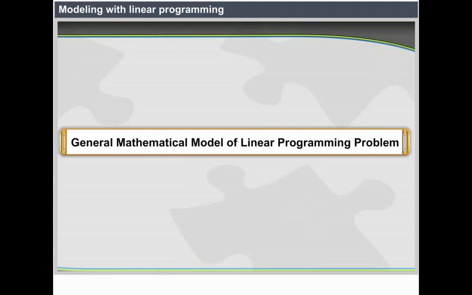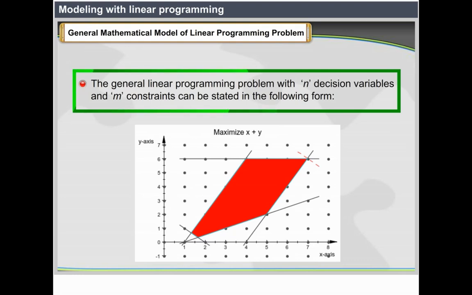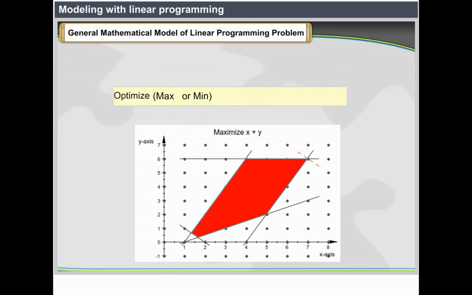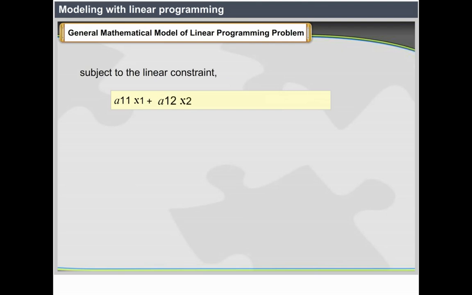General mathematical model of linear programming problem. The general linear programming problem with n decision variables and m constraints can be stated in the following form: optimize, maximize or minimize, Z equals c1x1 plus c2x2 plus etc. plus cnxn, subject to the linear constraints a11x1 plus a12x2 plus etc. plus a1n xn inside the bracket less than or equal to, equal to, greater than or equal to b1.